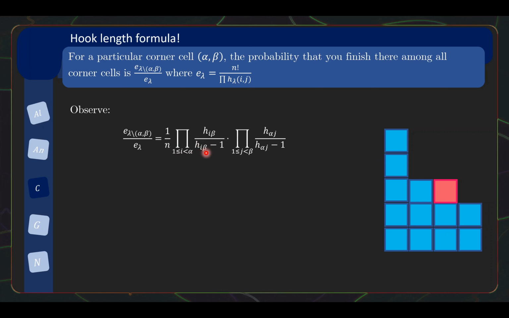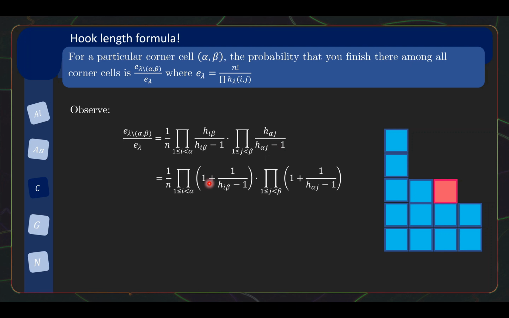So beta is the height, the y coordinate, the same height as the corner cell, and all the other cells from x coordinate 1 to alpha minus 1 have their hook length decreased by 1. So they don't cancel the original hook length. This is why you have this formula over here, and the same for all the cells in the same column as the corner cell being removed.